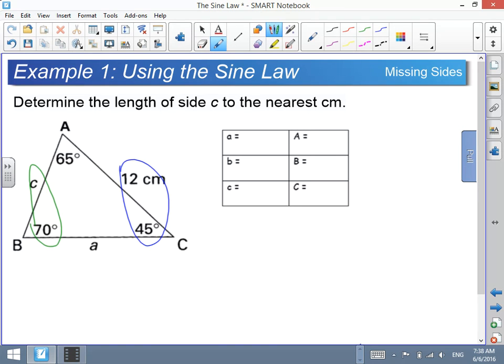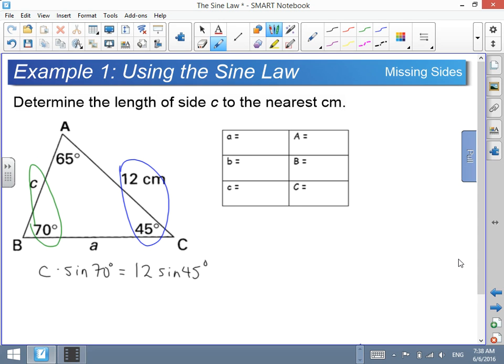So in this case, C multiplied by the sine of 70 degrees is equal to 12 multiplied by the sine of 45 degrees. Okay? So we can go ahead and solve that successfully and get the length of side C.